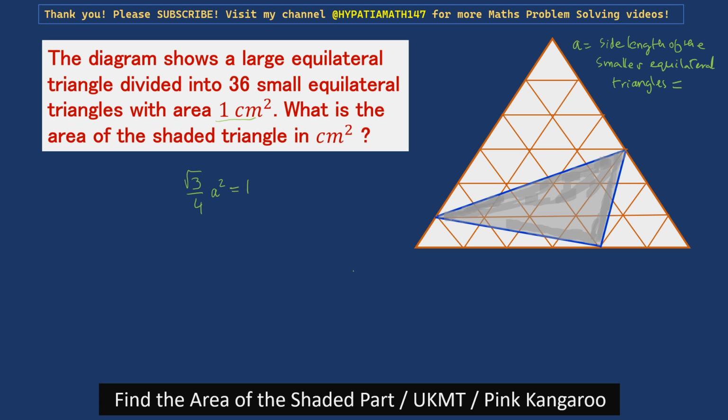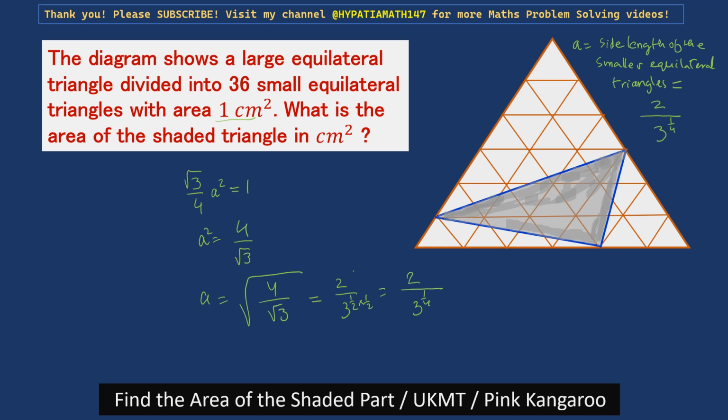That equals 1, so therefore a square would be 4 out of root 3, and then we'd have a equals the square root of the whole thing, and that would be 2 out of 3 to the power half. I write it as 3 to the power half times half, and that is 2 divided by 3 to the power 1 out of 4, and that is the side. So that would be right there, 2 out of 3 to the power 1 out of 4, and that is a, the side length.